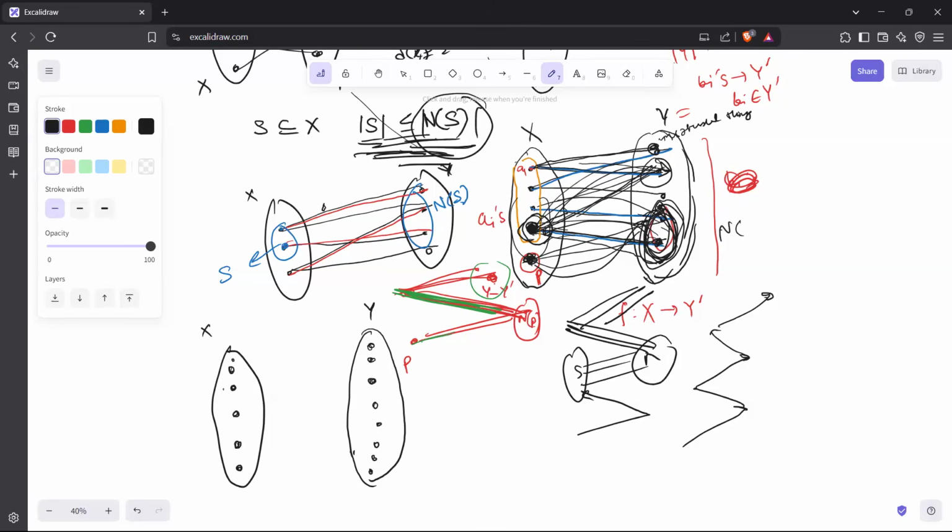We can consider all AIs and P, and that should all be mapped to BIs, because if some other vertex is there, then that would also be in the alternating path. So then we can apply Hall's criteria and say that because the cardinality is one more in X than Y, Hall's criteria fails.